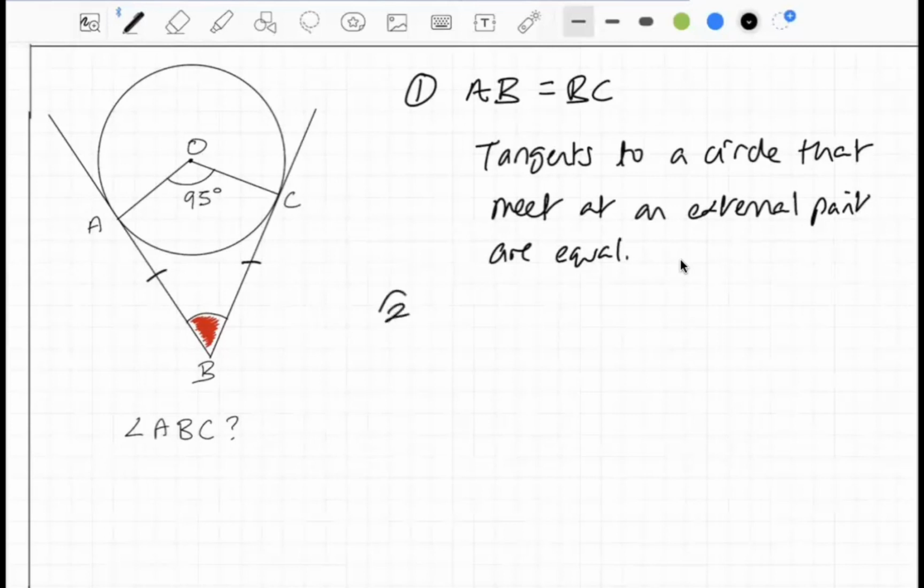We need another rule from earlier, which is that the angle between the tangent to a circle and the radius to a circle is 90 degrees.